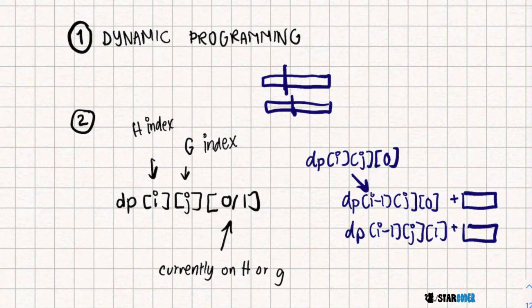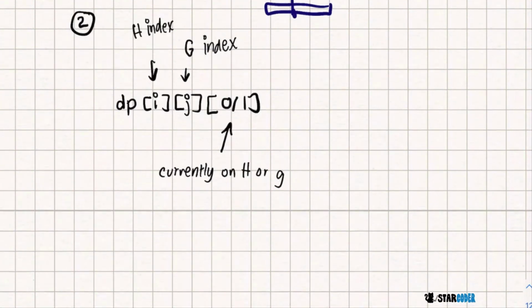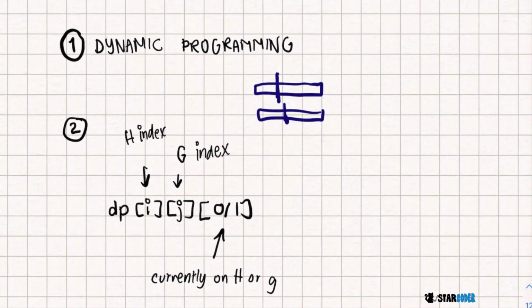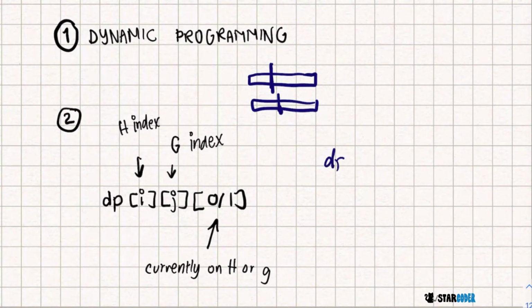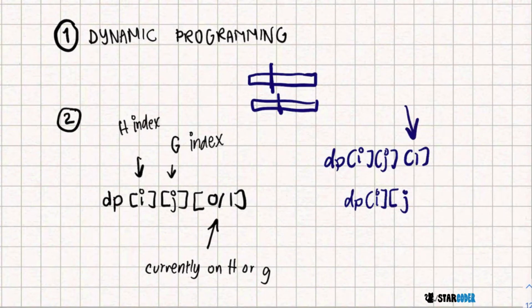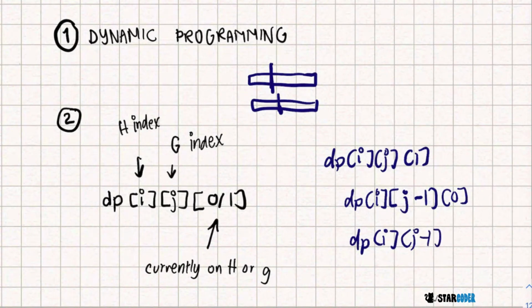But once this becomes 1, so let's say we have dp[i][j][1] instead, our transition is going to be dp[i], and since we already visited the I cow, and right now we're moving the J cow because we're at the current farm in index J, we're going to do j-1: dp[i][j-1][0] or dp[i][j-1][1], plus the distances between the two.